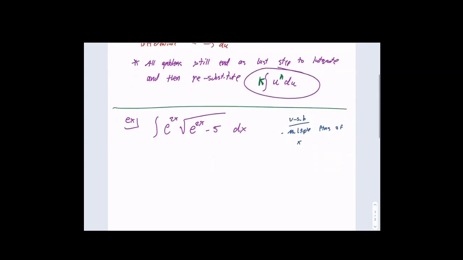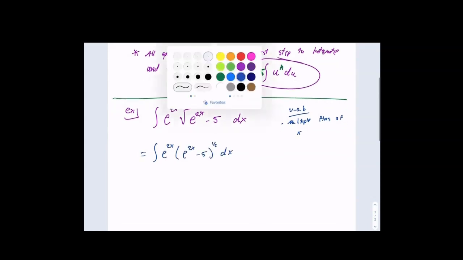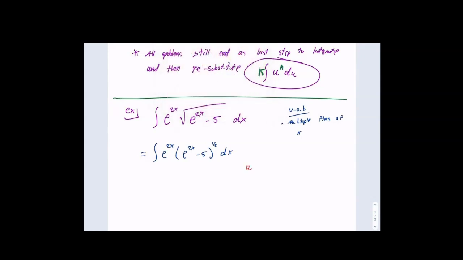Okay, well, like we said last time, let's first clean it up. This is the integral of e to the 2x, parentheses, e to the 2x minus 5 to the 1/2 power dx. All right, what's my u? E to the 2x minus 5. Yes.